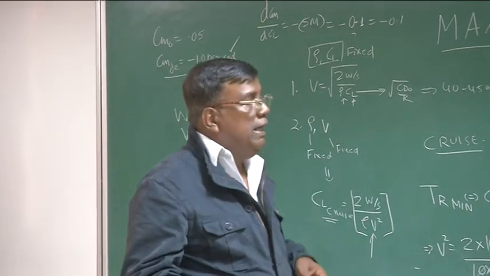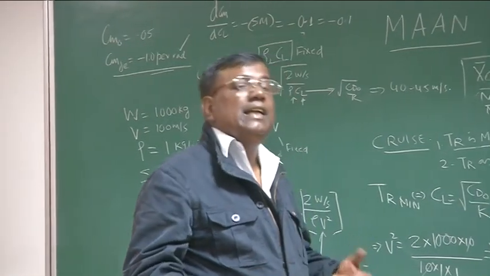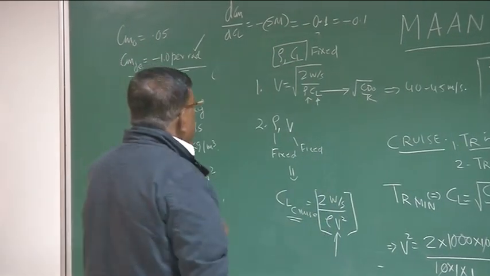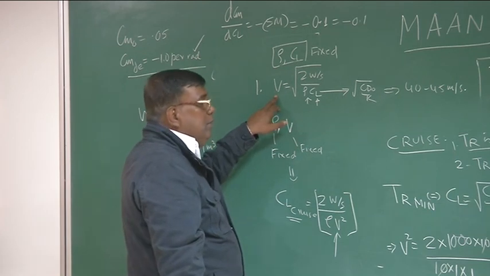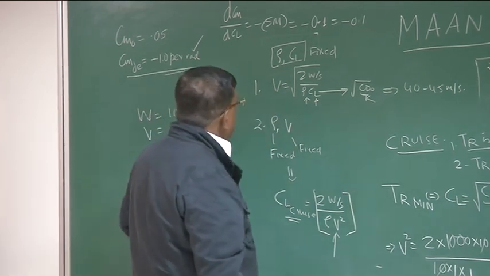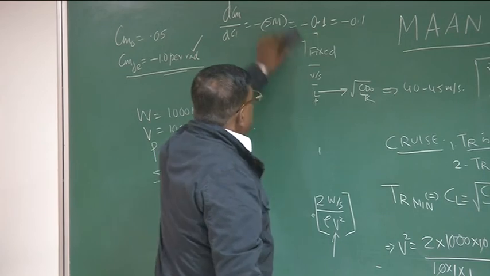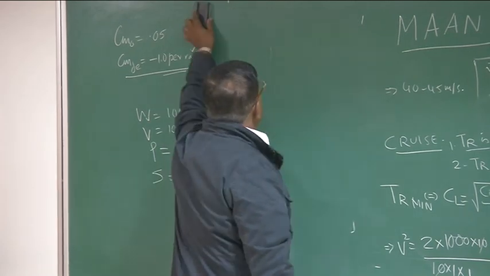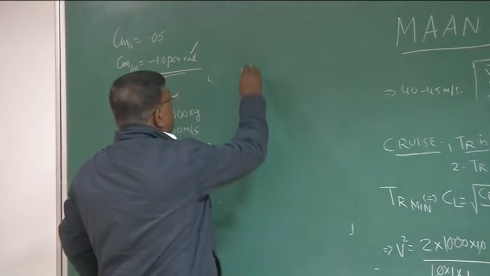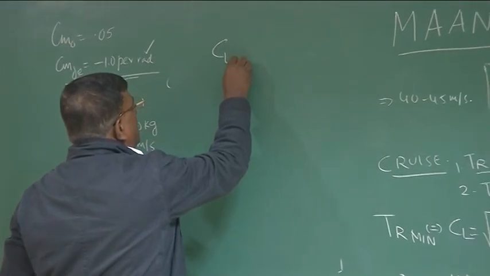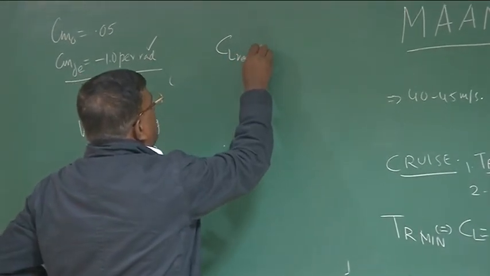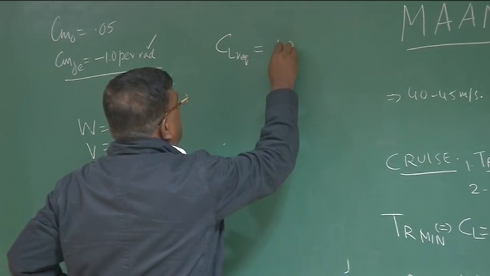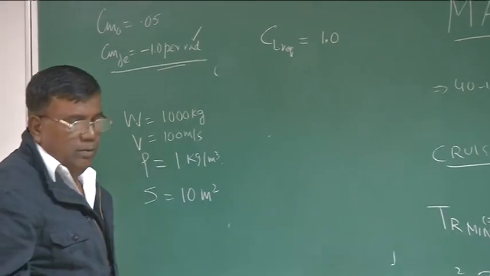Now, what is our main aim? I want to know what is the delta E required for, let us say, CL corresponding to thrust required minimum. Okay? And we have just now seen CL required for thrust required minimum is 1.0. I repeat, this is a higher value.